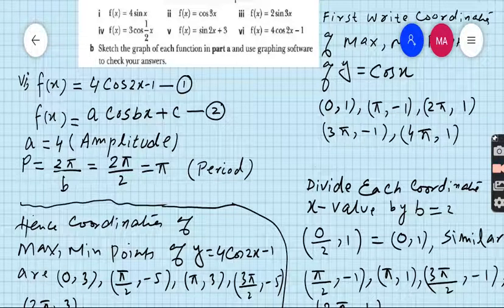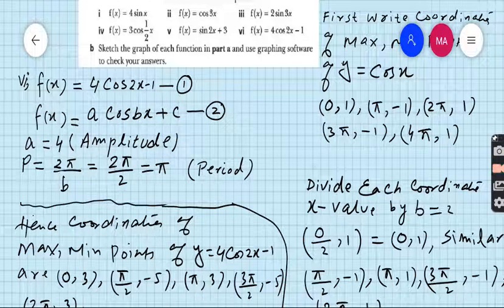First assign the name of this equation: equation number 1. Now compare this equation with the general equation of cos x. The general equation of cos x is f(x) is equal to a cos bx plus c. Assign the name of this equation: equation number 2.